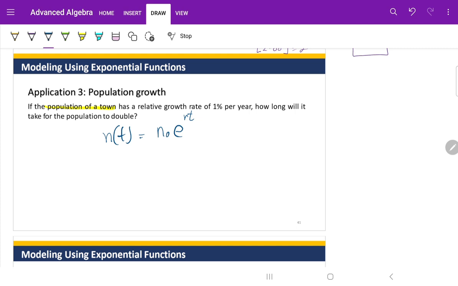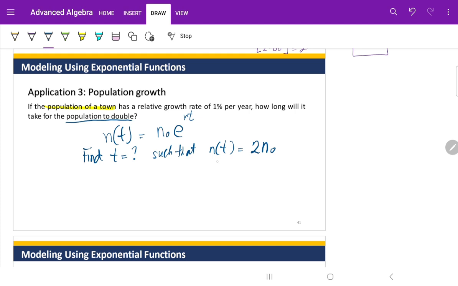It says here that we are looking for the time at which the population will double. So find the time t such that N of t is equal to twice the initial population.